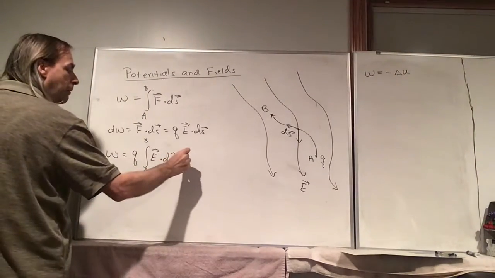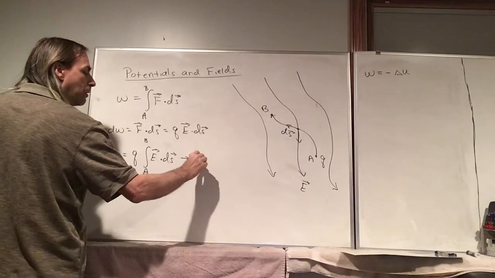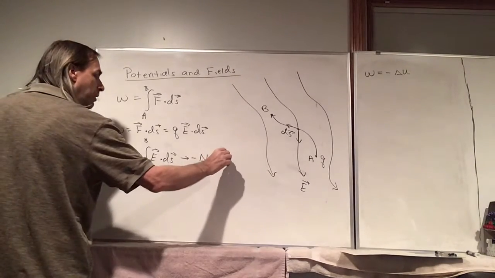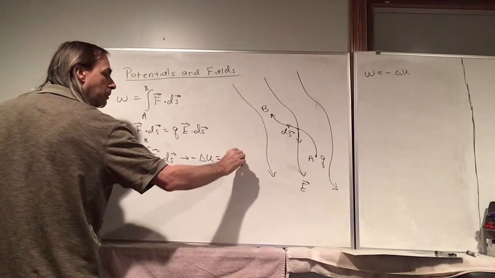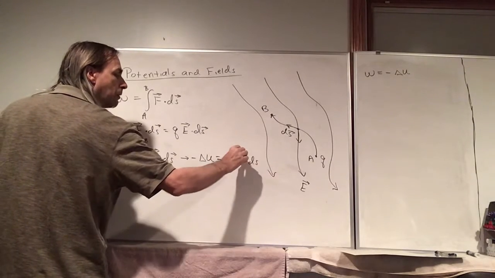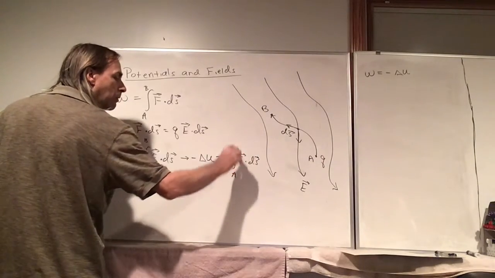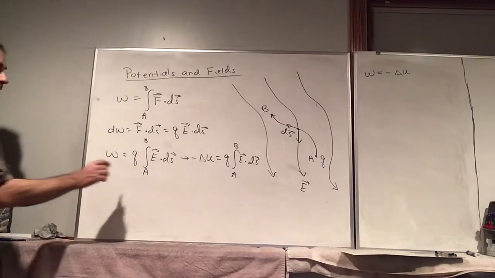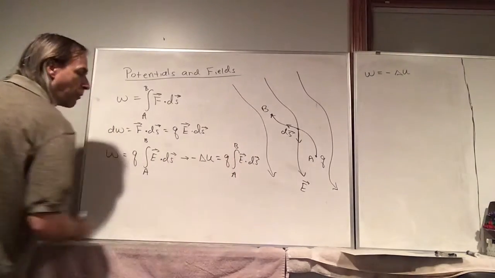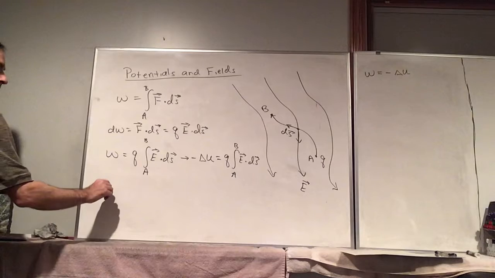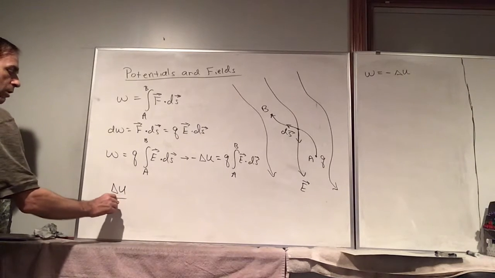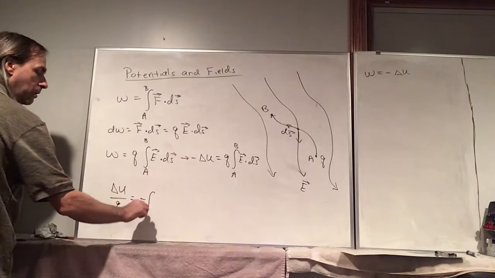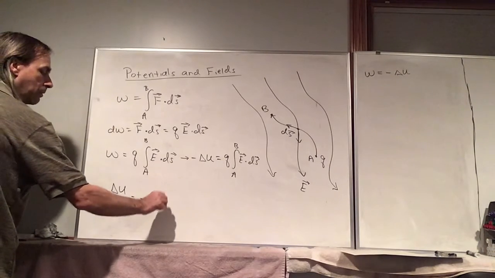And so we have minus delta U is equal to Q integral E dot ds. And now let's divide by Q. I'm going to put the minus sign over on the other side as well. So we have delta U over Q is equal to minus the integral of E dot ds.